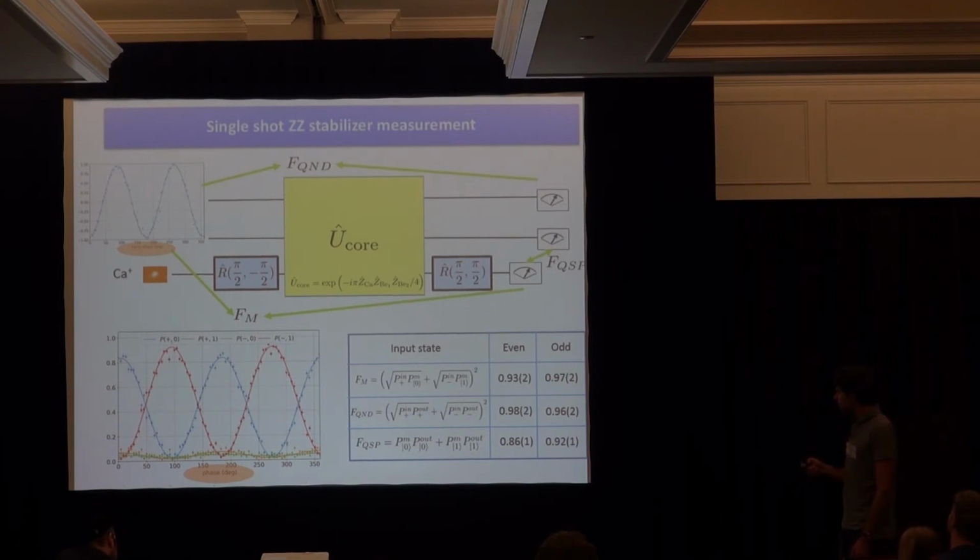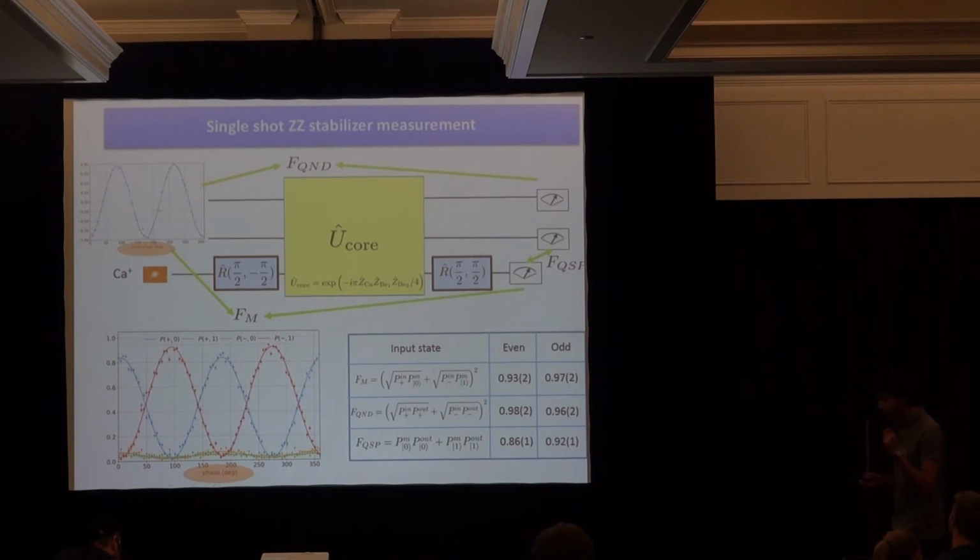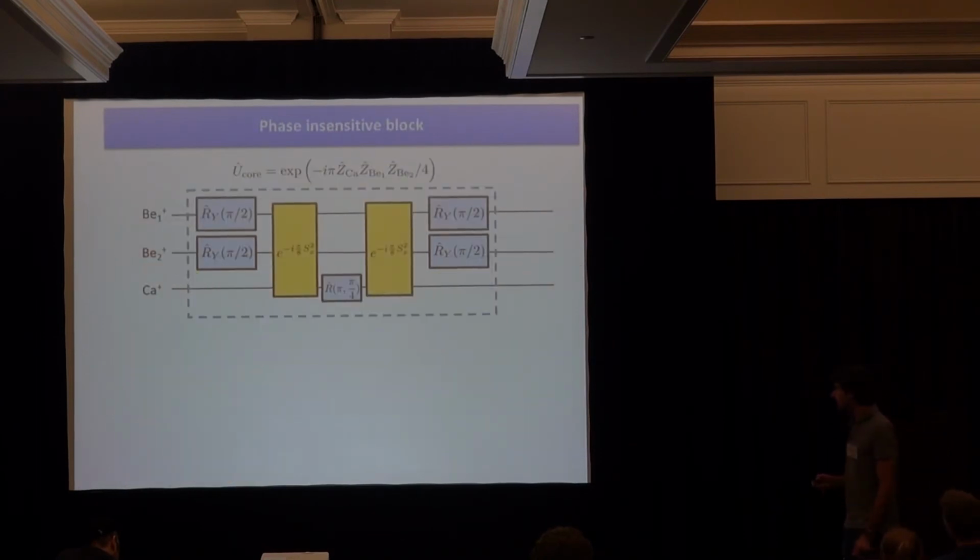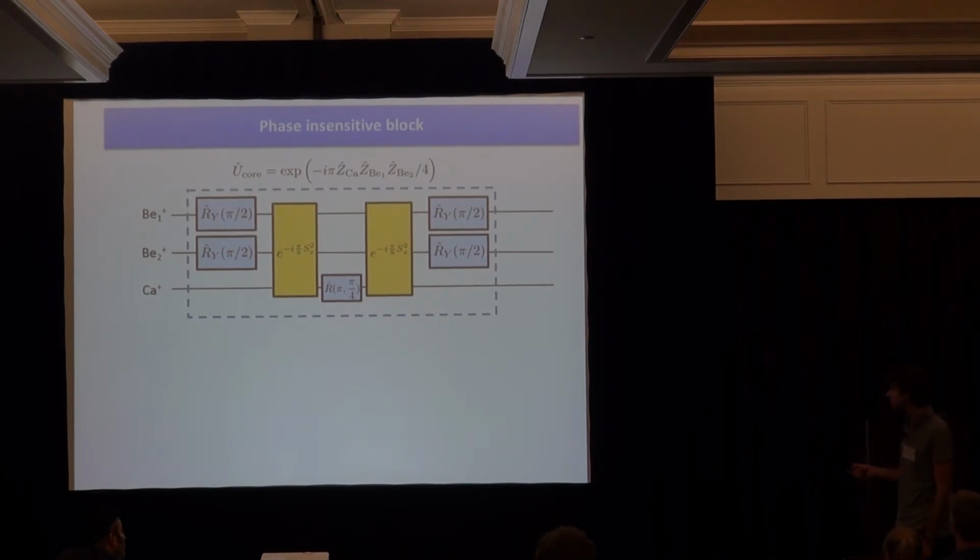Good. So before going on and repeating this sequence over and over, let me focus on a very important experimental detail. Let's go back to the core operation I was talking about before, and in particular, let me even consider a smaller subset of it.